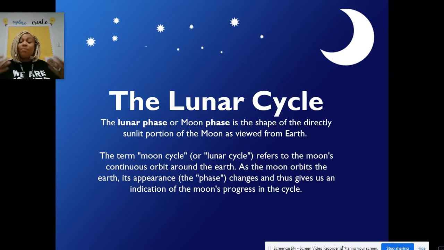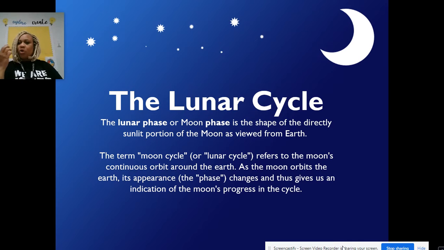So the lunar phase or moon phase is the shape of the directly sunlit portion of the moon as viewed from Earth. So, what we see from Earth are those different illuminated shapes, right? It looks like the moon is changing shape. So, the term moon cycle or lunar cycle refers to the moon's continuous orbit. I want you to remember that term, orbit, around the Earth.